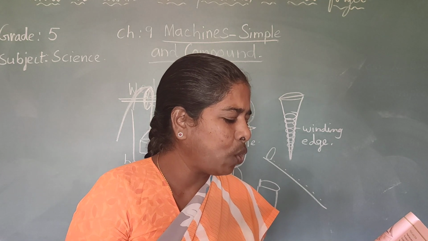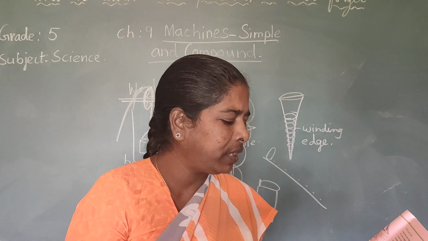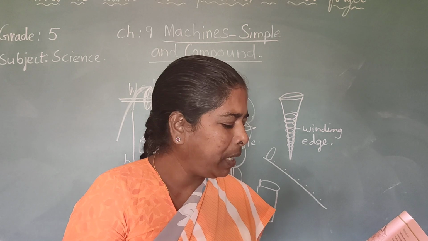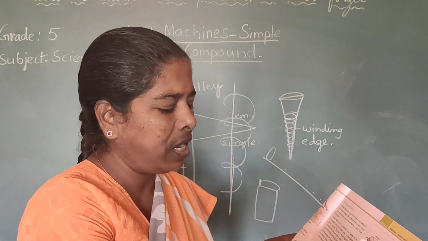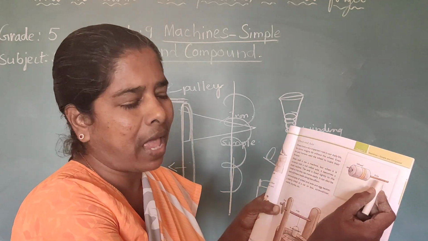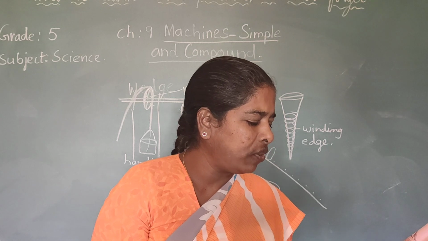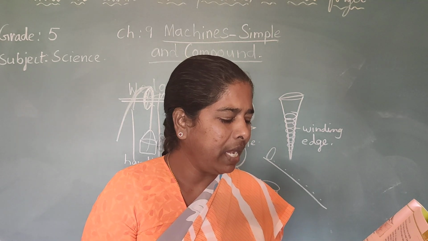The wheel itself is not a machine, but when it is combined with a rod called an axle, it becomes a simple machine. When it is combined with the axle, only then is it a simple machine that helps us to do the work easily.